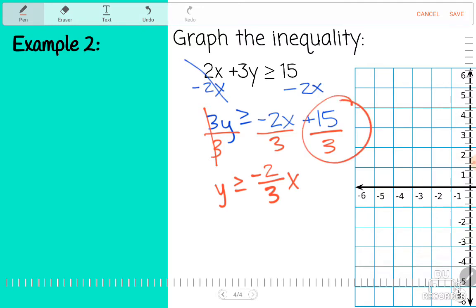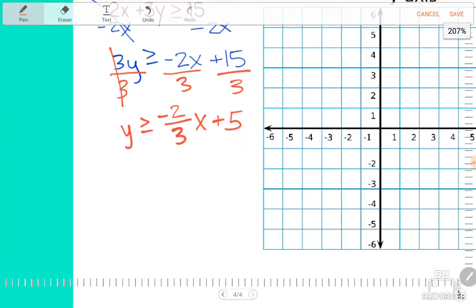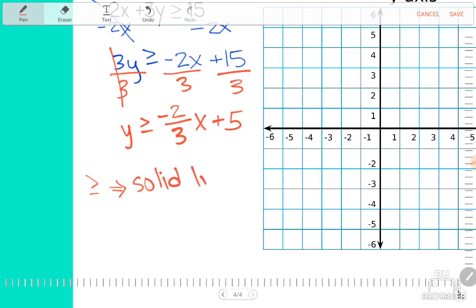And then 15 divided by 3, that's just 5, right? So plus 5. Okay, we've got greater than or equal to, so that means we're going to do a solid line. And it's greater than, so we're going to shade above the line. Okay, so y values that are bigger than or equal to the line.